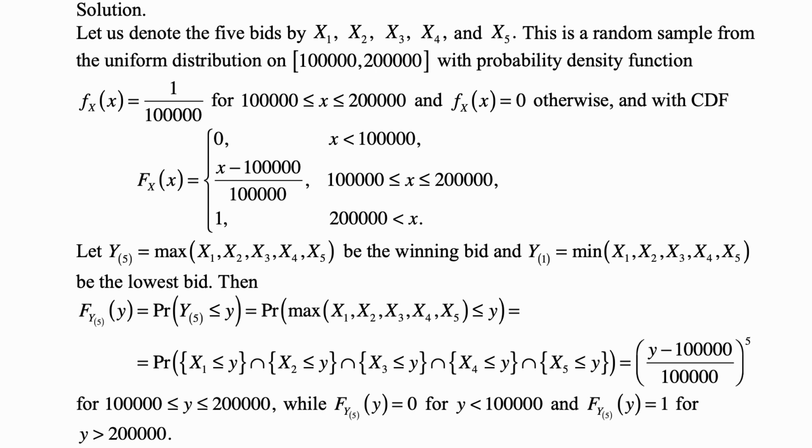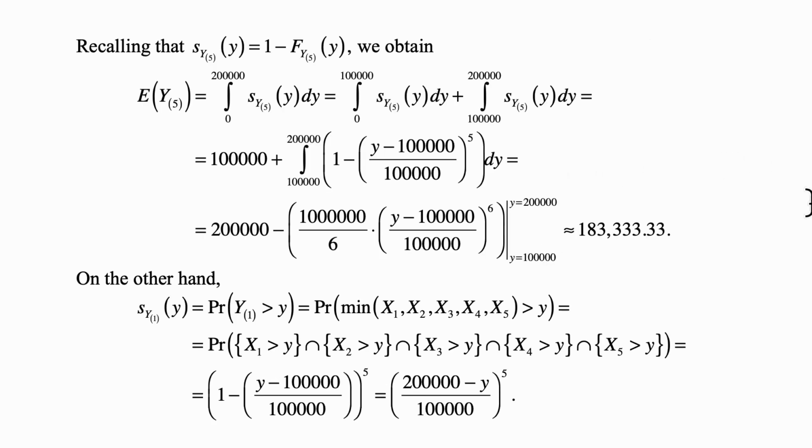Because of independence we can multiply them, this becomes ((y minus 100,000) over 100,000) to the 5th for y between 100,000 and 200,000, 0 for y less than 100,000, and 1 for y greater than 200,000. Now the survival function is equal to 1 minus the cumulative distribution function, so we can just take the survival function and take its integral to get the expected value.